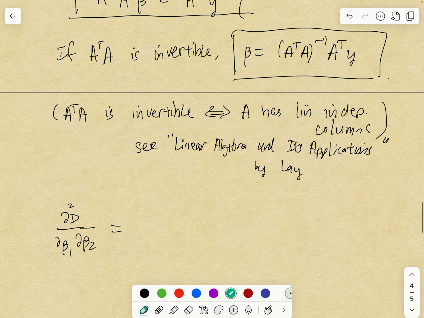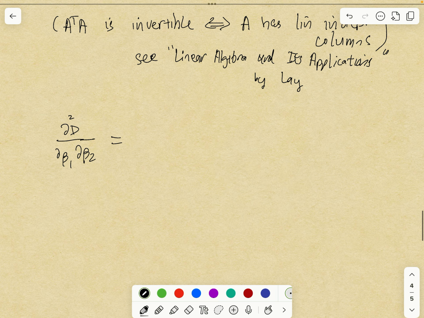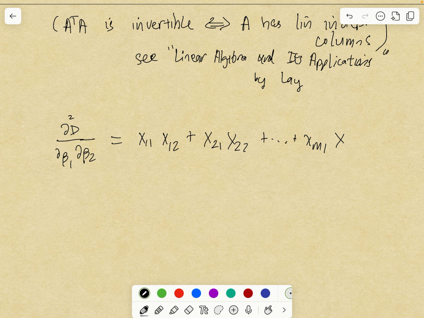So my second partial derivative, if I do partial with respect to beta 1 and then that with respect to beta 2, I will get x11 x12 plus x21 x22 plus dot dot dot plus xm1 xm2.